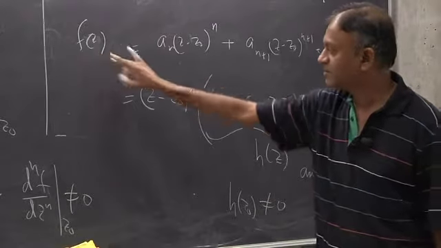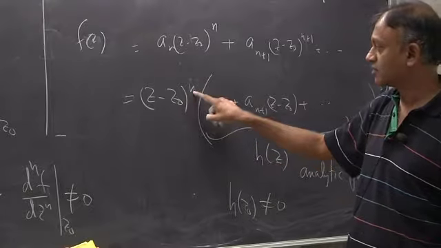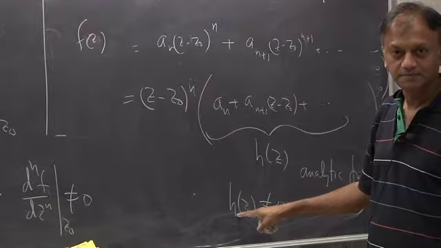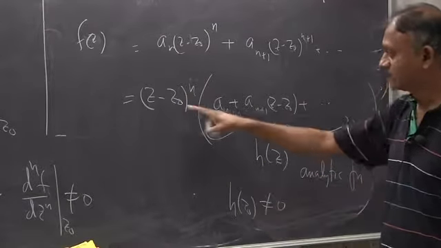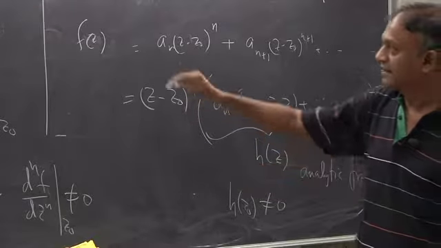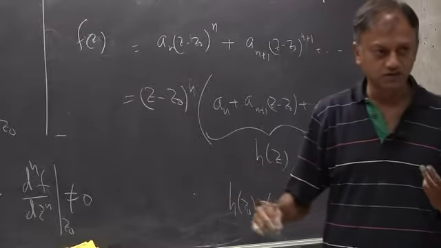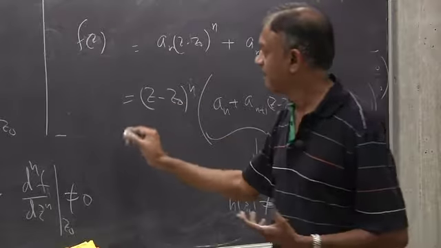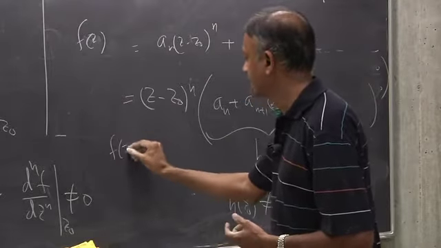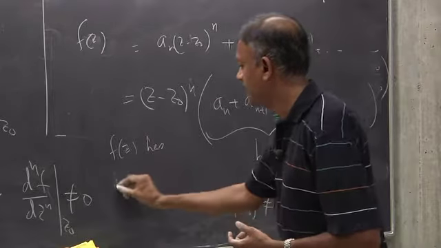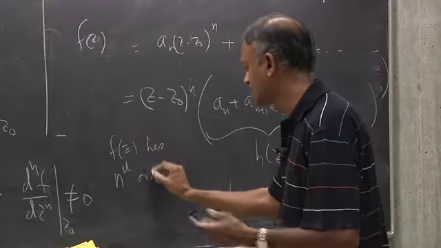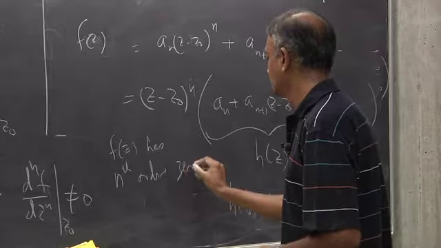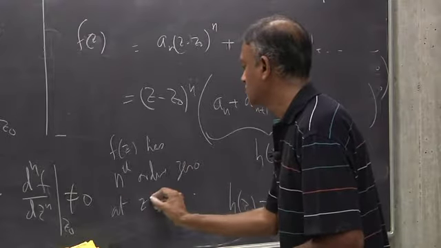If the function can be expressed as (z minus z0) to the power of n times an analytic function which is not vanishing at z naught, then you say this function has an nth order zero at z equal to z naught.